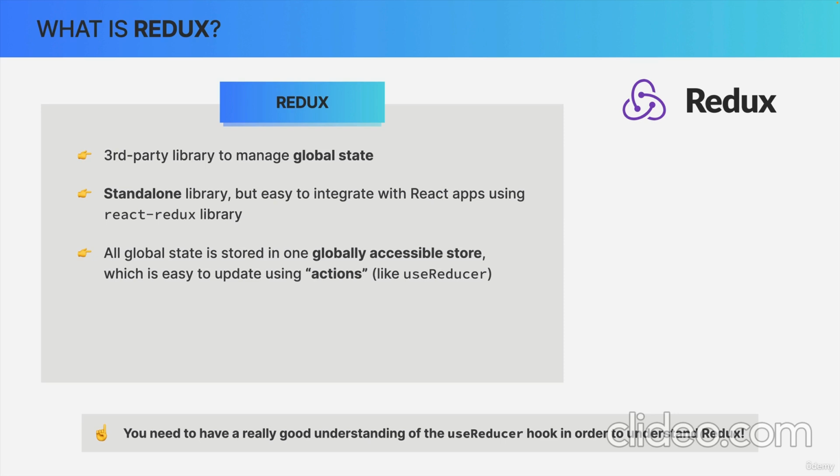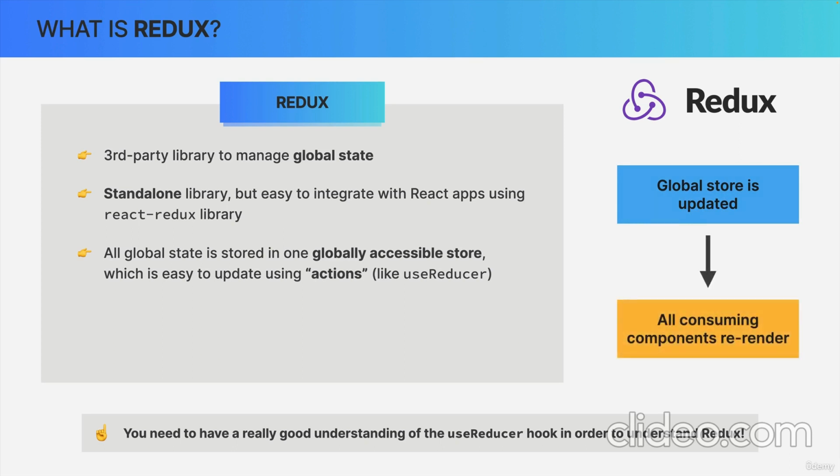But anyway, the idea of updating state in React and in Redux is always the same. So in the case of Redux, as soon as we update the store, all the React components that consume some data from the store will be re-rendered. So conceptually, Redux is actually quite similar to combining the context API with the useReducer hook, as we have done in the WorldWise app.